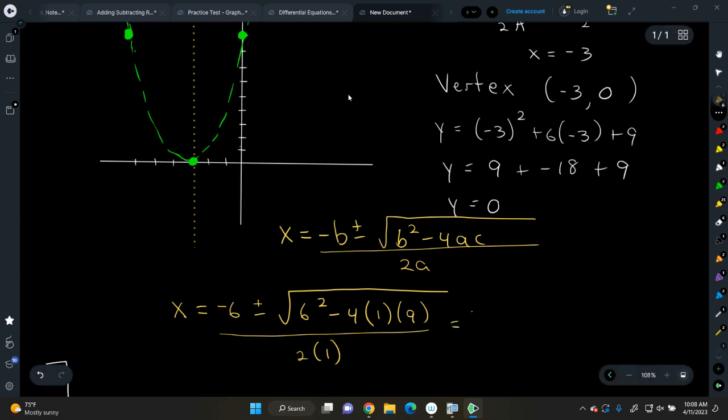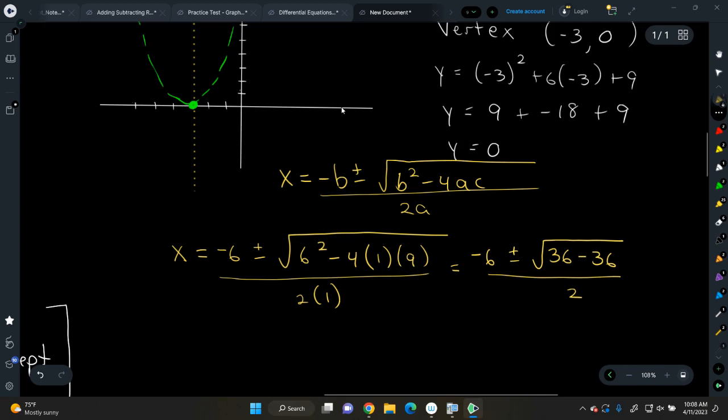Okay, so this is going to be negative 6 plus or minus the square root of 36 minus 36 over 2, which gives us negative 6 plus or minus 0 over 2.